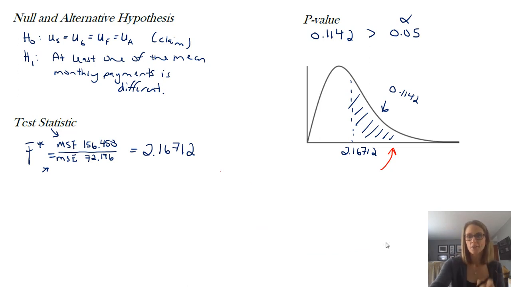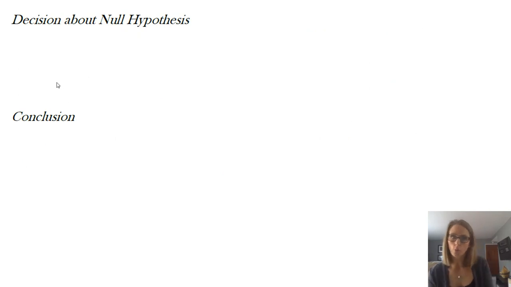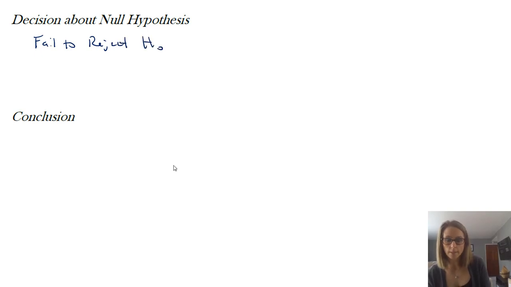So now there's our test statistic. We can see our p-value. Our p is high, so the null will fly. So we're going to fail to reject H0.